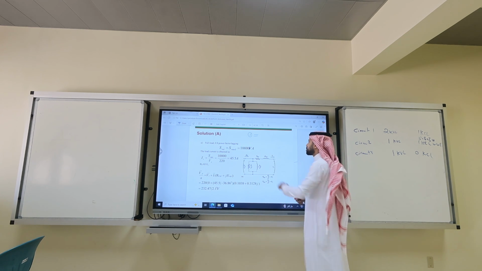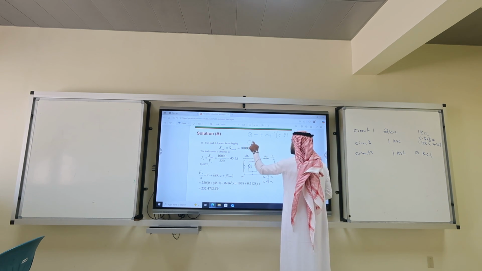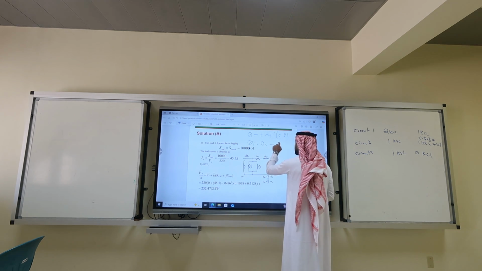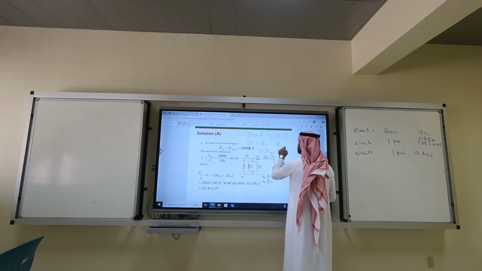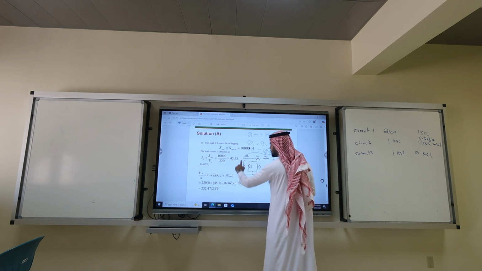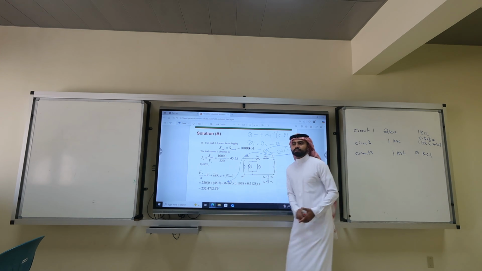Lagging, so it's plus cosine inverse of 0.8. What is theta I? Theta V minus theta. What is theta V? 0 minus cosine inverse of 0.8. So this number is for the current I S. Get it?